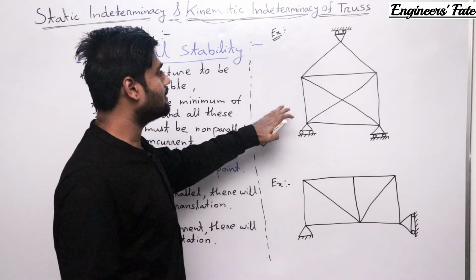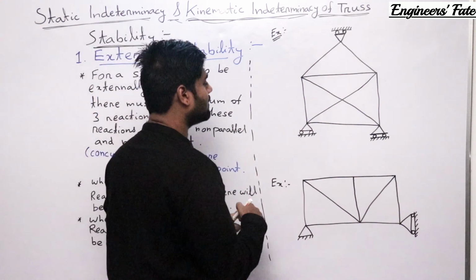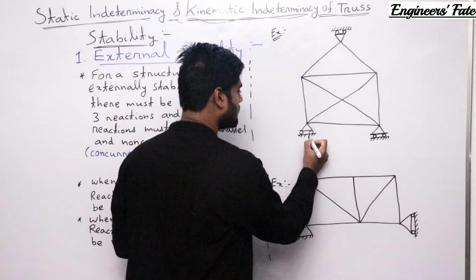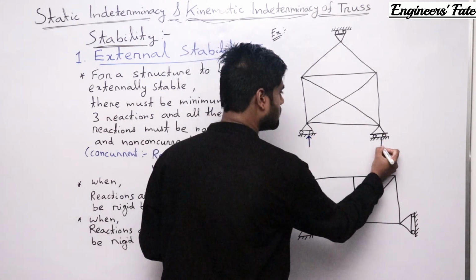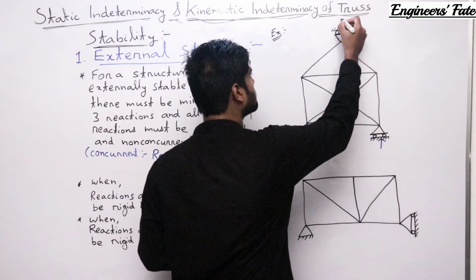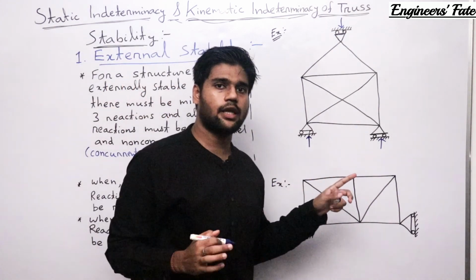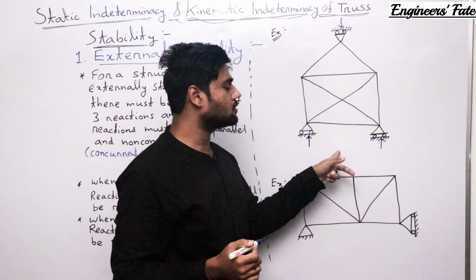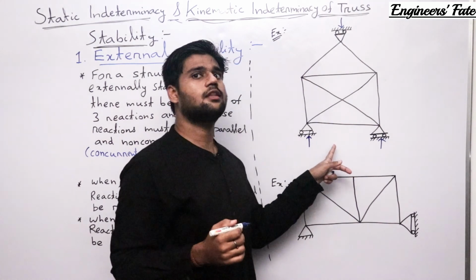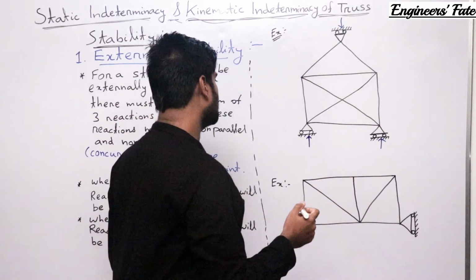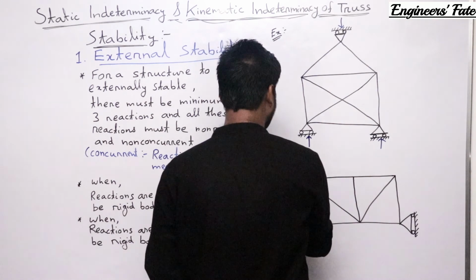So we can discuss this example. You can see this is reaction 1, this is reaction 2, and this is reaction 3. So this structure has a minimum of 3 reactions. These 3 reactions are parallel. So the structure is geometrically unstable.